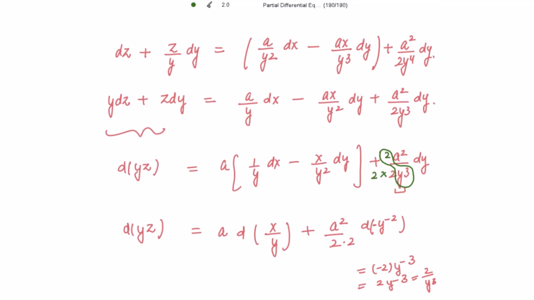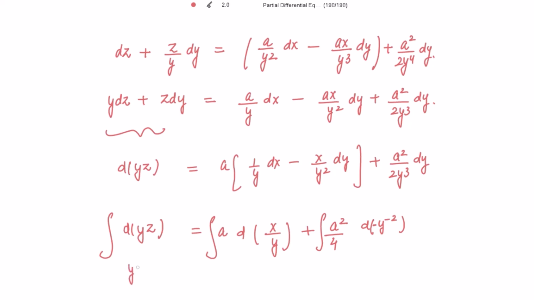That is why I am having here a squared divided by 4, so that when differentiating minus y to the power minus 2, I can get back this term. So this is your 4 in the denominator, and now we can easily integrate all these three terms.